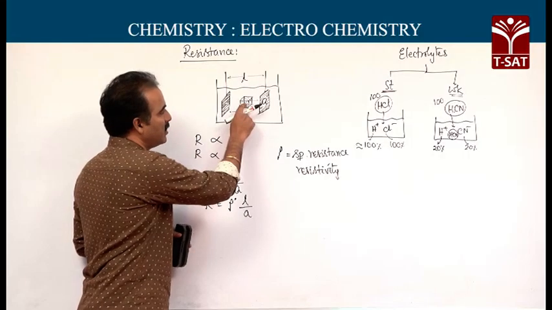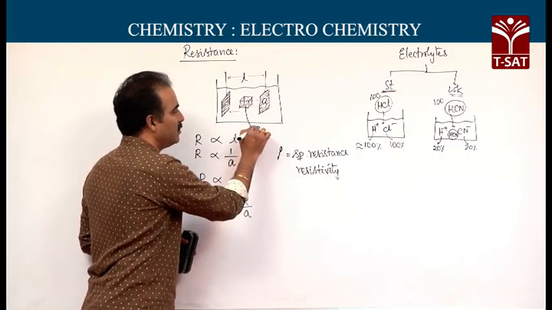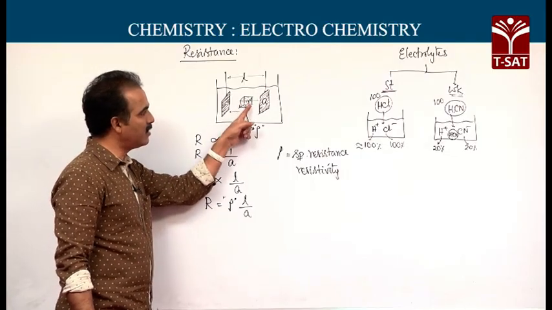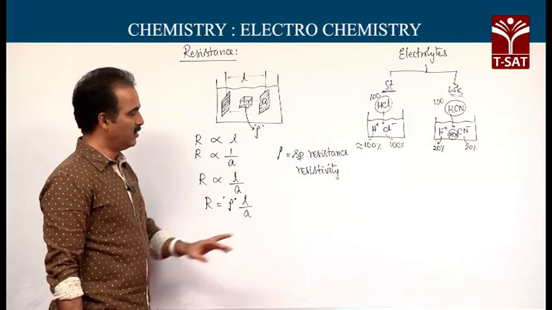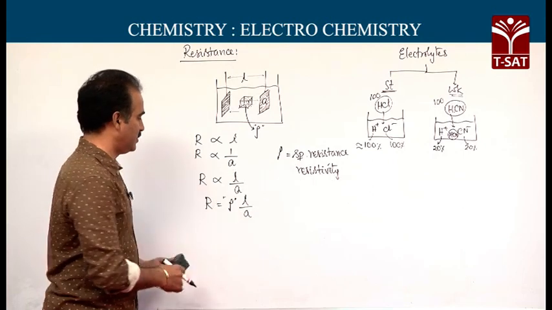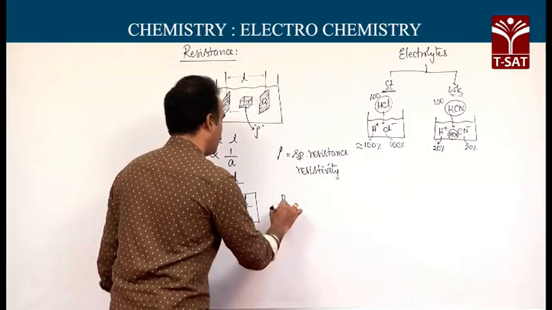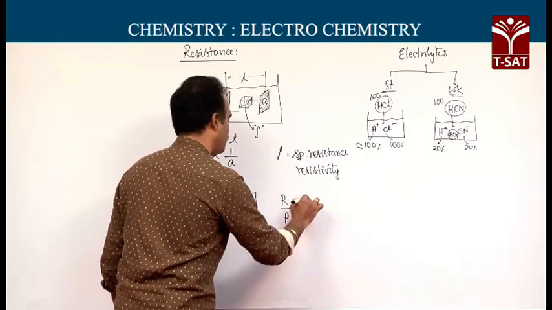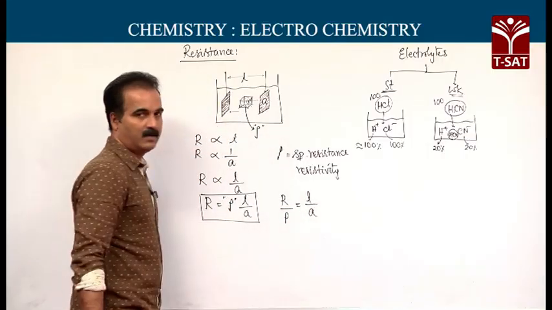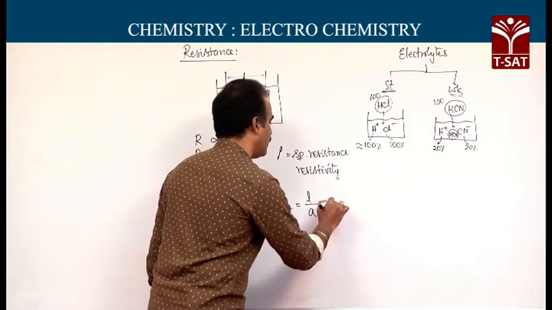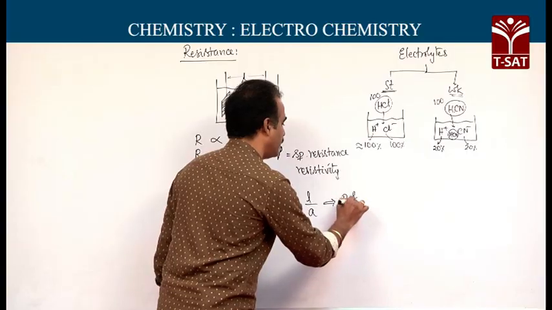The resistance experienced by all these ions in 1 cc is called resistivity or specific resistance. Suppose you modify this equation, R by rho is equal to L by A. What is 1 by rho? We can take it as K. So, R into K.